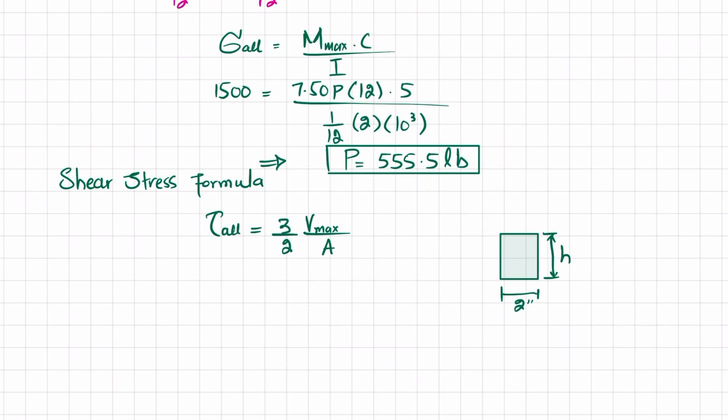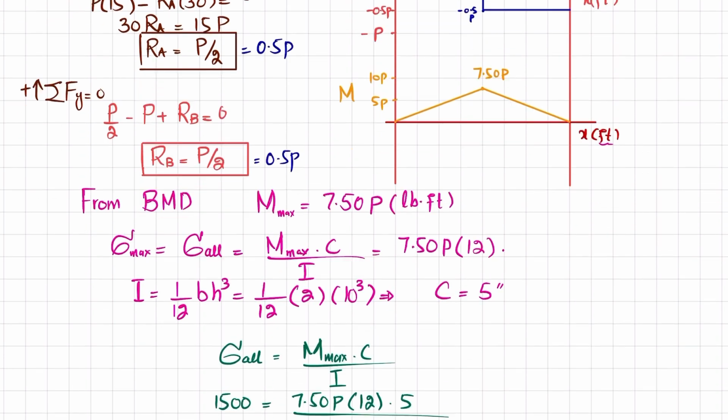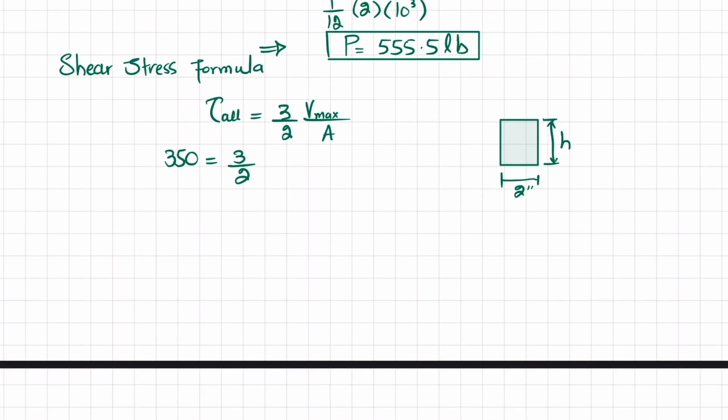Okay, so we know that the allowable stress that is given as 350 psi is equal to 3 by 2, and V max from the shear force diagram is 0.5 P. So I will write 0.5 into P is 555.5, divided by the area, which is 2 into h.